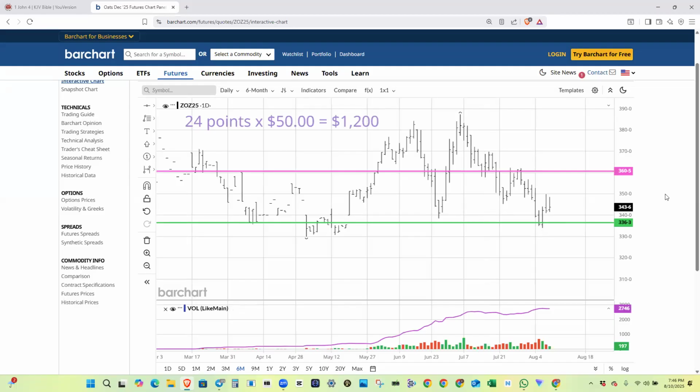And when it went down 24 points, she bought that contract back and the spread was 24 points, which meant she made $1,200. Got it. And that is at $3.60, right? Hope everybody understands that.